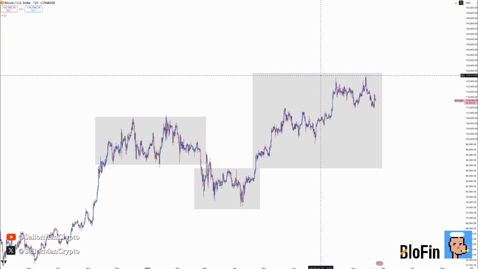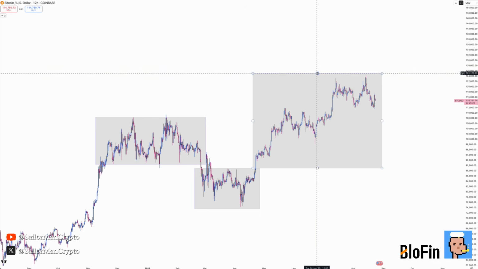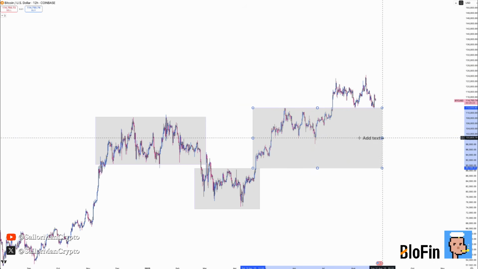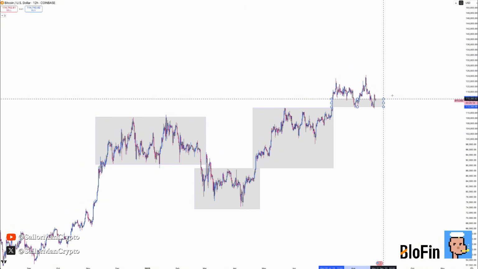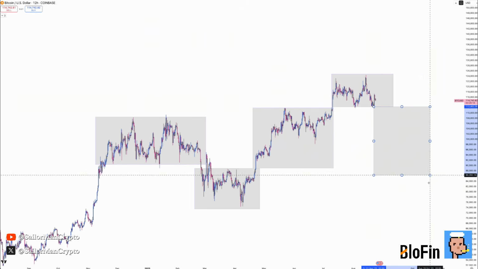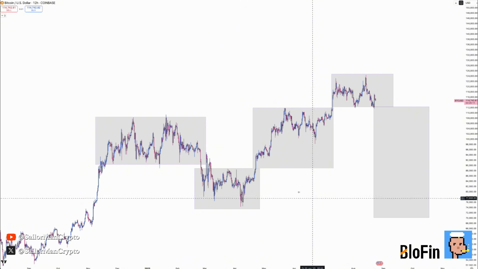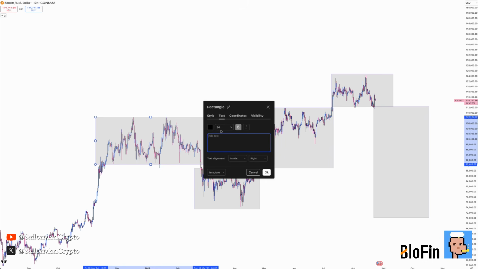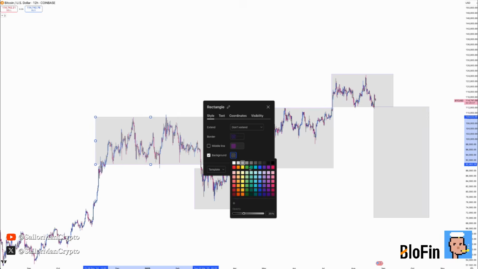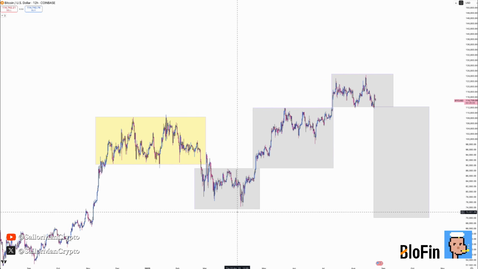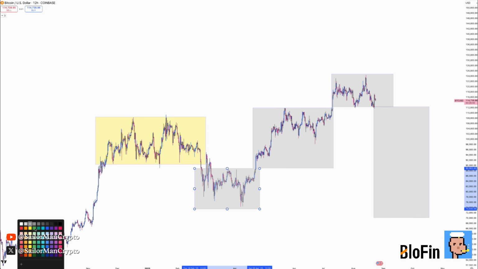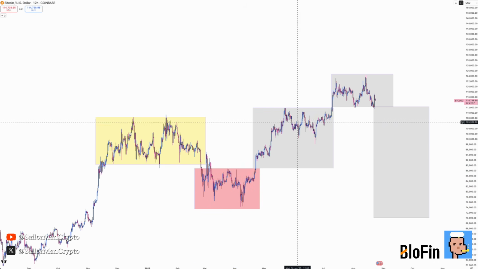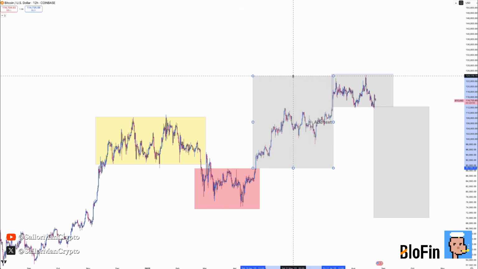Why you have to understand the concept: if this ends up doing something opposite like this, we would have the same game, but we don't know until the range is holding. Do you see? So if we make the color, this is the accumulation, this is the manipulation, and here there was potentially an expansion.